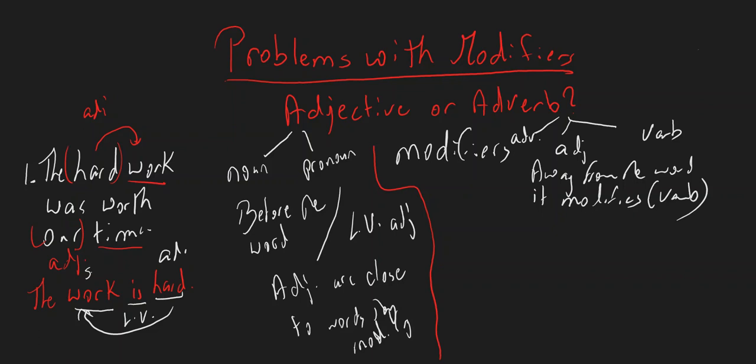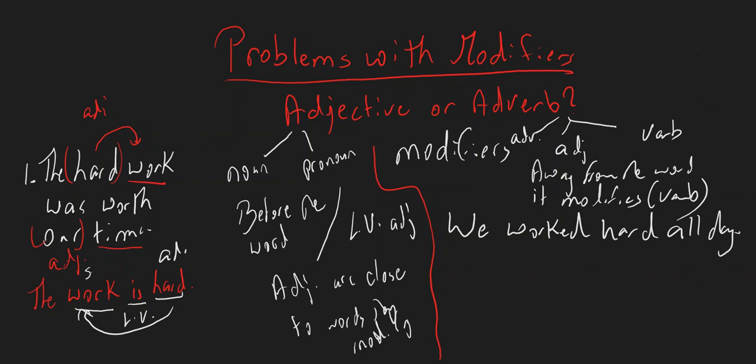Okay, let me give you an example, and I'm going to use the word hard, which was used earlier as an adjective, but now I'm going to use it as an adverb. So for example, I can say we worked hard all day.